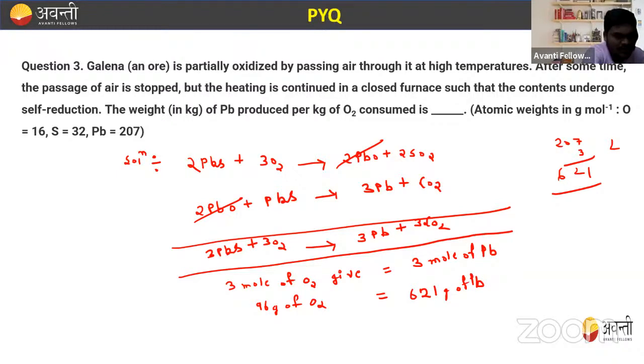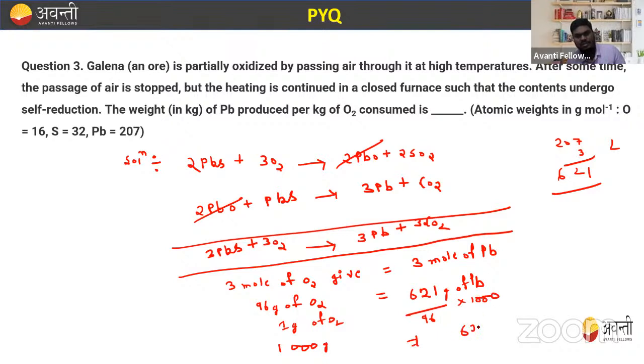So you have to calculate for 1 kg of Pb. So 1 gram of O2 gives how much? Divided by 96. In this question it is 1 kilogram, right? So 1 kilogram means what, beta? 1000 gram. So 1000 gram will give how much? Just solve this: 621 divided by 96 into 1000.